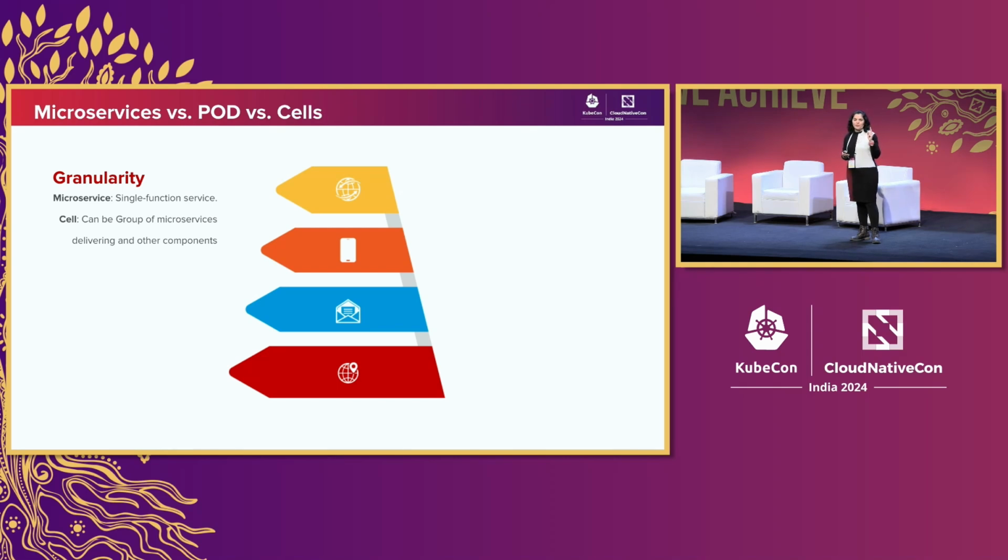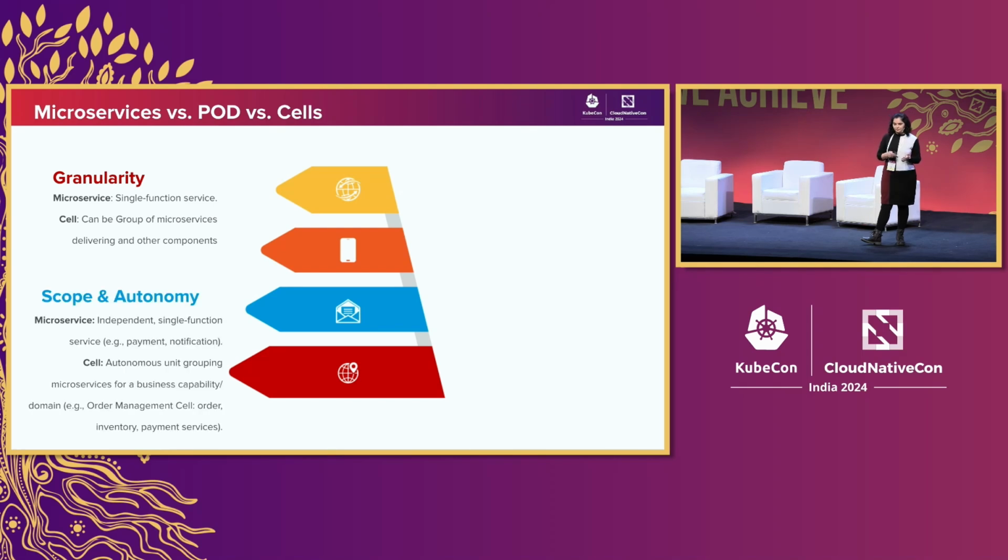A microservice is an entity which tries to attack a single function, where we always say that you should have microservices which serve a single function. And a cell tries to have multiple components inside it. So you can have multiple such microservices and related components inside a cell. So it is a little bigger entity than the microservice.